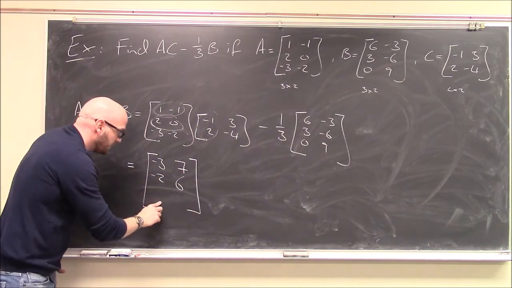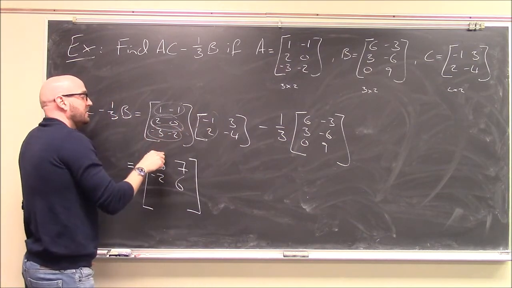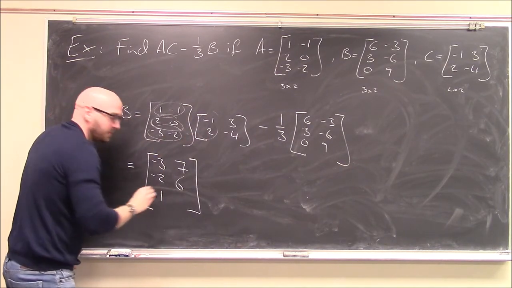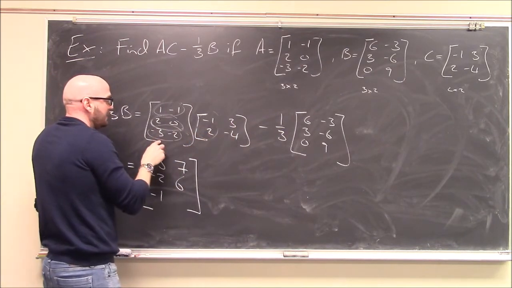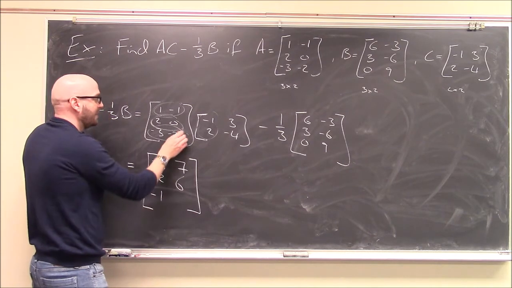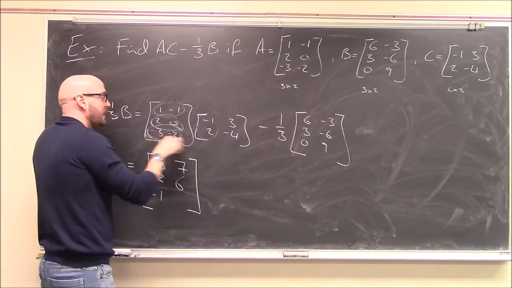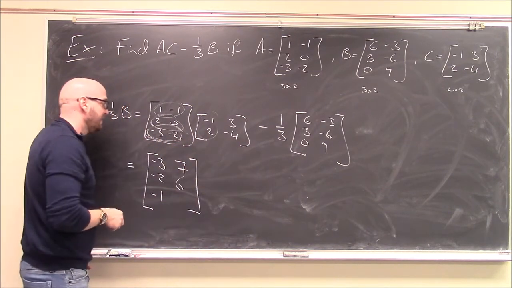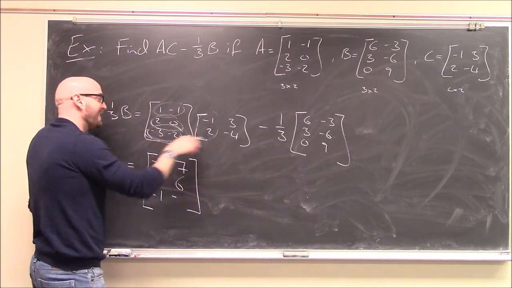Now we're down here, third row, first column: minus 3 times minus 1 is positive 3, plus minus 2 times minus 4 is positive 8, so 3 plus 8 is 11. Now third row, second column: minus 3 times 3 is minus 9, plus minus 2 times minus 4, which is positive 8.